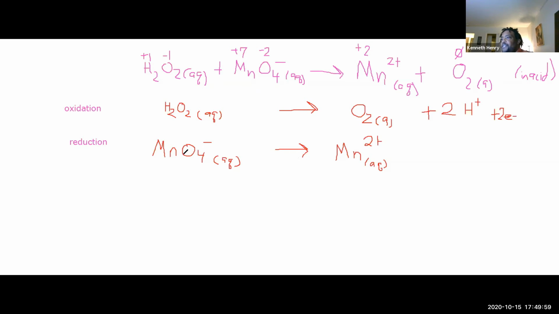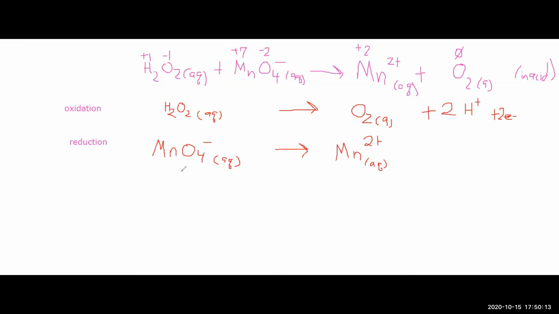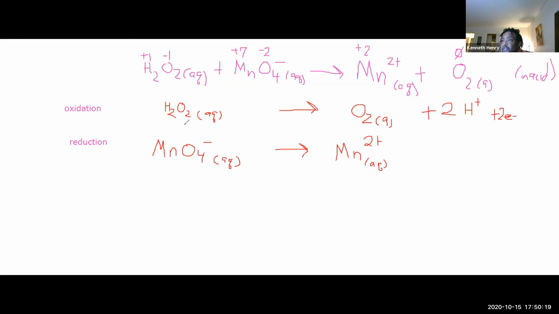So we're going from a +7 to a +2. So how are we going to balance that out? We add electrons to this side. Yeah.